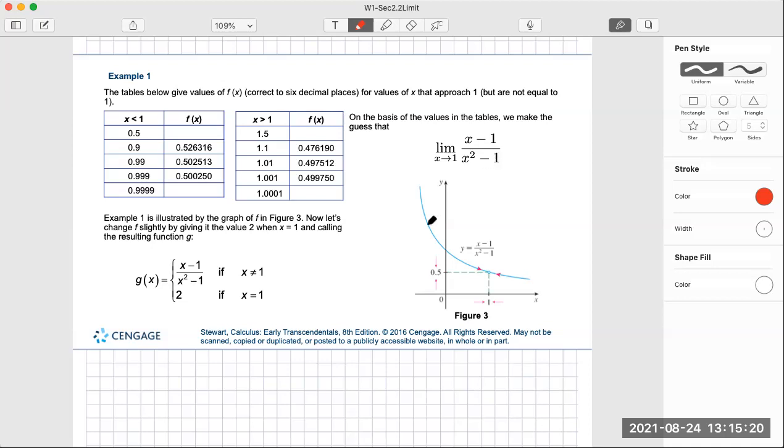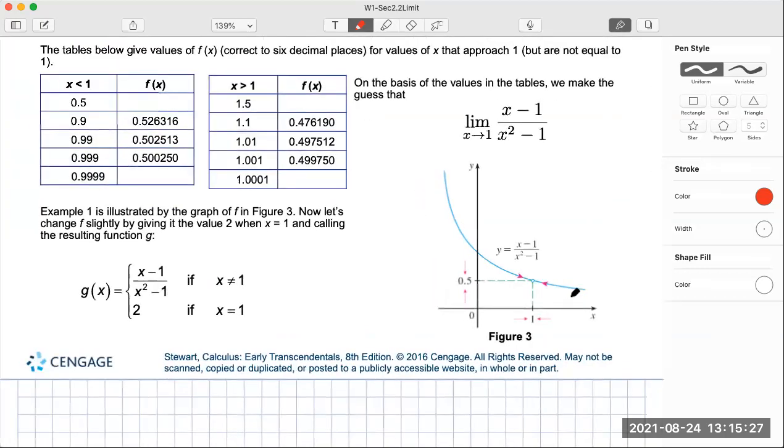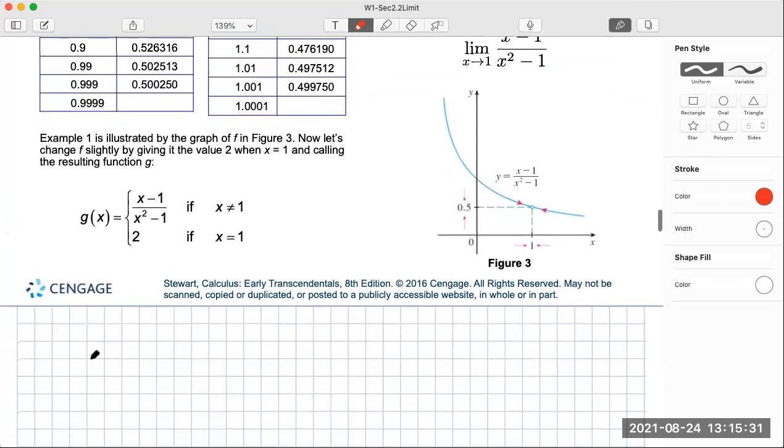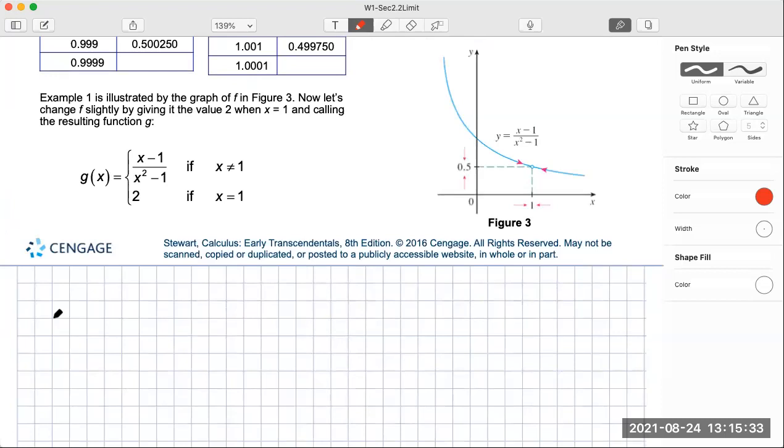We are given that the graph here is this blue line. At 1, what is the value of the function? What is f of 1?